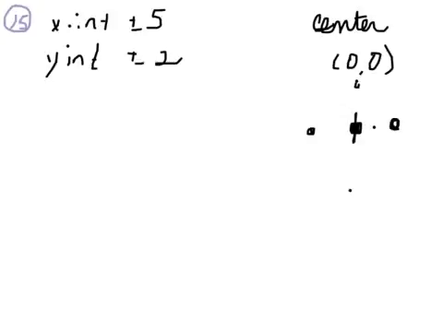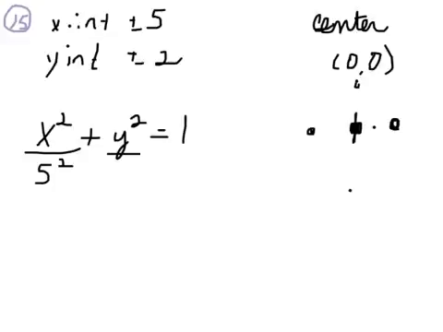If we have an x-intercept of plus or minus 5 and a y-intercept of plus or minus 2, we know we're going to have an x squared plus y squared equal 1. And since the 5 is the x-intercept, we're going to put a 5 squared, because this plus or minus 5 is, in this case, actually our a value because it's the bigger number.